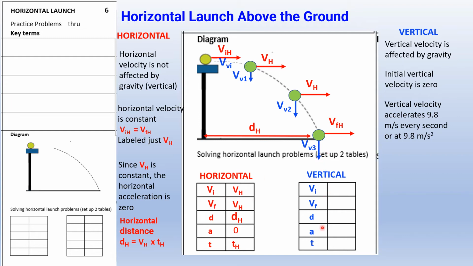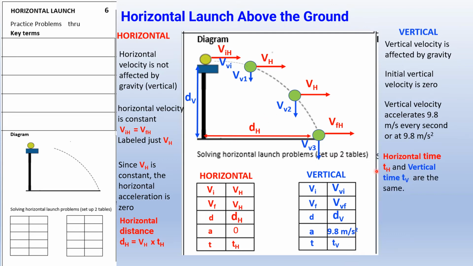Now let me complete this table. The initial velocity for this type of motion is VVI, which is 0. The final velocity is VVF, and the distance is the vertical height from where the ball is located to the ground, which is DV. Because it's a free fall, the acceleration is 9.8 meters per second squared, and the time vertically is TV.